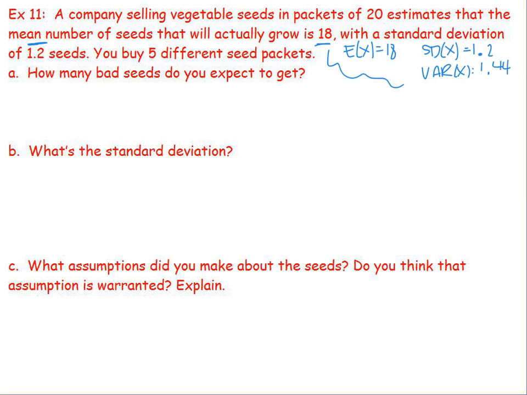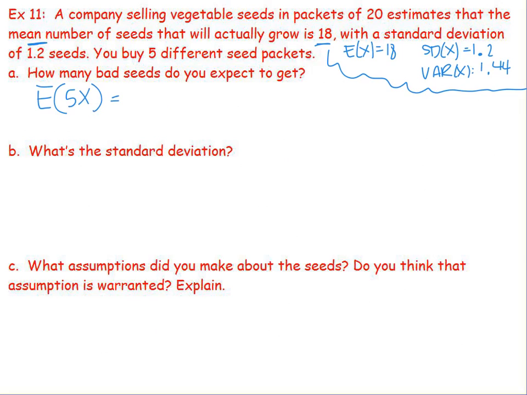So here's kind of all my important data. We are buying 5 different seed packets. We want to know how many bad seeds do you expect to get. So our focus is bad seeds. Okay, so we're simply going to find the expected value of, we have 5 packets, so we need 5 x's.